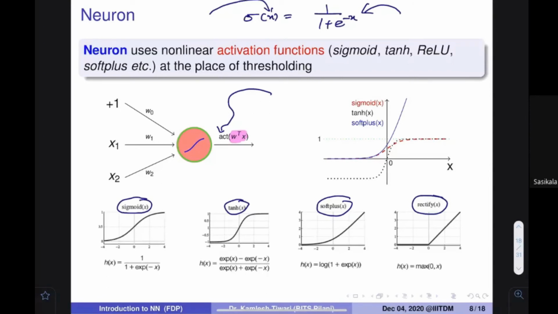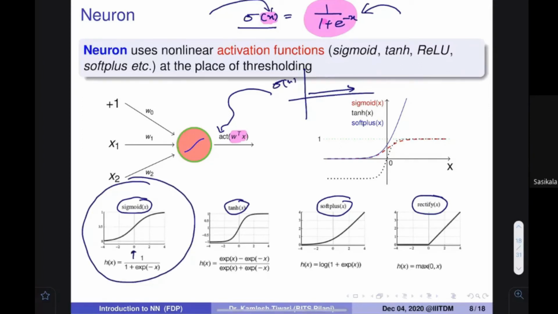One thing is very important: if x is continuous, sigmoid of x is also continuous. For 0, sigmoid of x is 0.5. For minus infinity it is 0, and for plus infinity it is 1. So sigmoid gives you values in the range 0 to 1, your input x is continuous, and the output is also continuous.